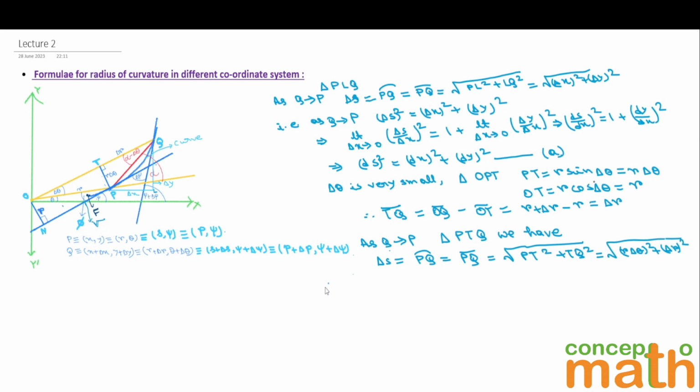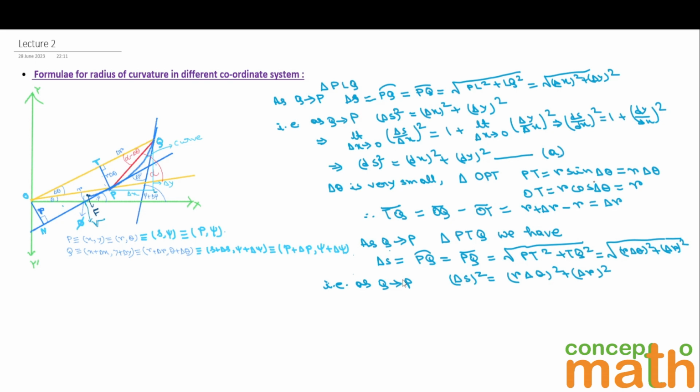So that is, as Q approaches P, we can write this further as delta S whole square as r delta theta whole square plus delta r whole square.